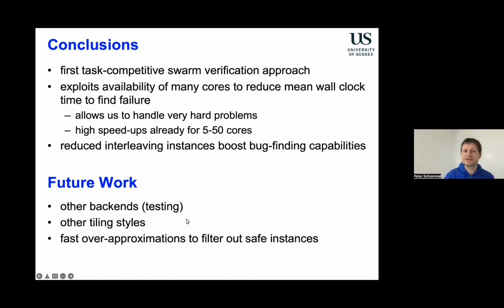We have just picked the simplest one, but it could be that other tilings that are more informed by data flow or whatever can give even better results. And a third thing that we have looked into is if we could rule out safe instances faster.